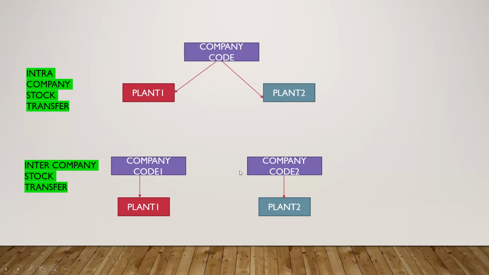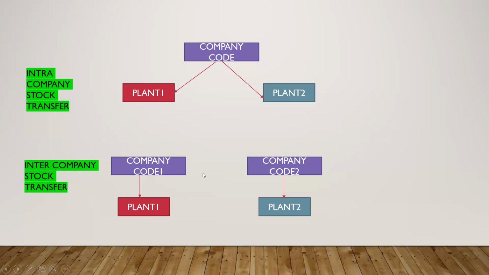It will be controlled by intercompany billing, that is called IV. All these things you are going to see, including how the price will be calculated. If this is happening between these two company codes, it may be replenishment delivery or SD side delivery. It depends on your customer requirement.